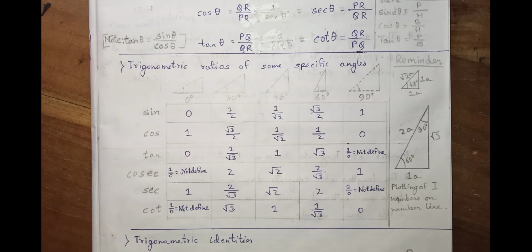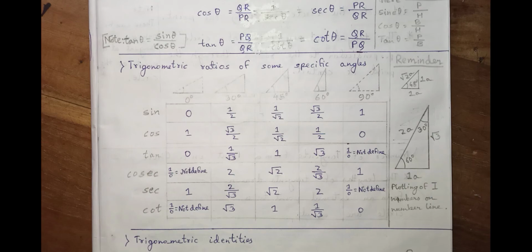You can see sine 0 degree is the same as cos 90 degree, sine 30 degree is the same as cos 60 degree. So they are just like crisscross.